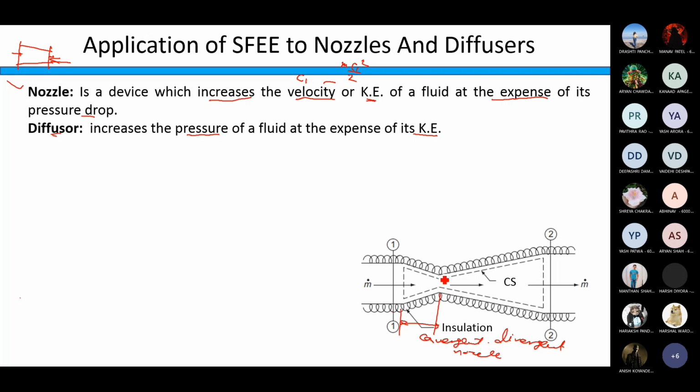This is called the throat of the nozzle, and after this again the area is increasing. This is called the divergent cone of your nozzle. That's why it is a convergent divergent nozzle, or simply you can call it a CD nozzle. Clear? Section 1 is the inlet to the nozzle, 2 is the exit of the nozzle.